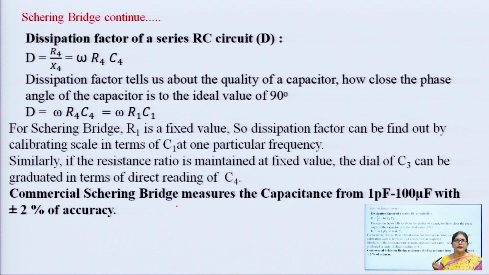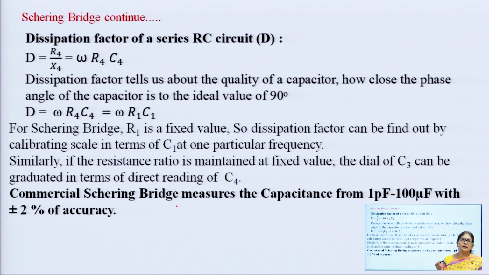So, dissipation factor tells us about the quality of a capacitor, how close the phase angle of the capacitor is to the ideal 90 degrees. So, dissipation factor we can find out by calibrating the scale in terms of C1 at one particular frequency. So, in Schering bridge we can find out the dissipation factor of any capacitor at a particular frequency. It means if we change the frequency, the dissipation factor will change.